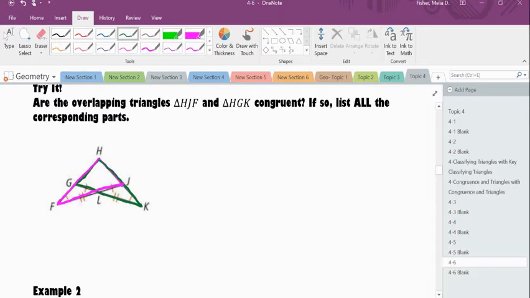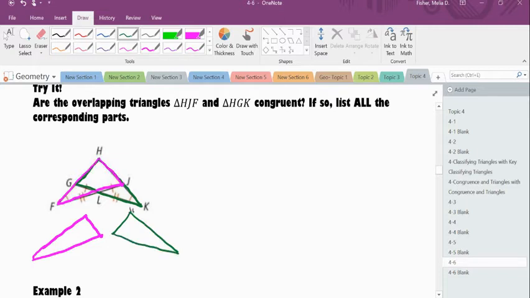So I wanted to go ahead and mark those so that we know what we're looking for. I'm going to draw those off of here, so that we know we're talking about this triangle and this triangle.